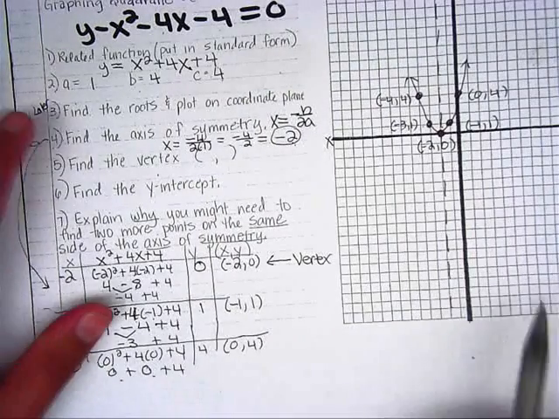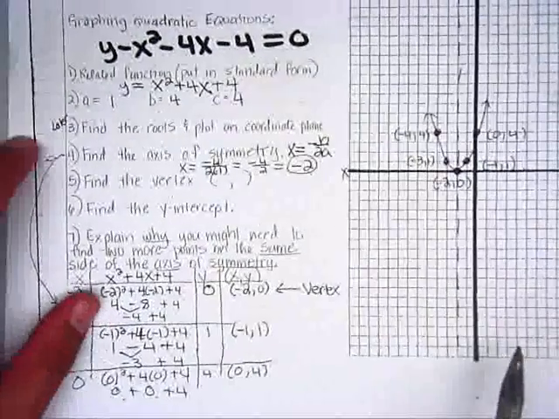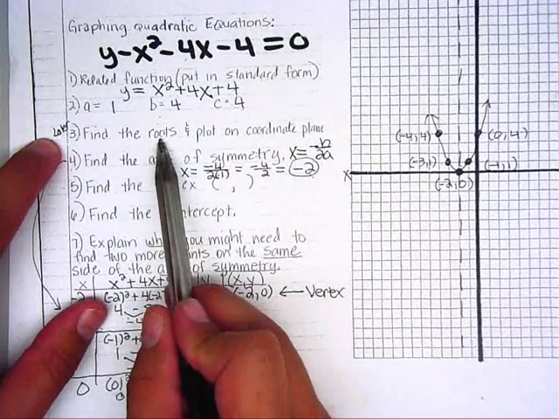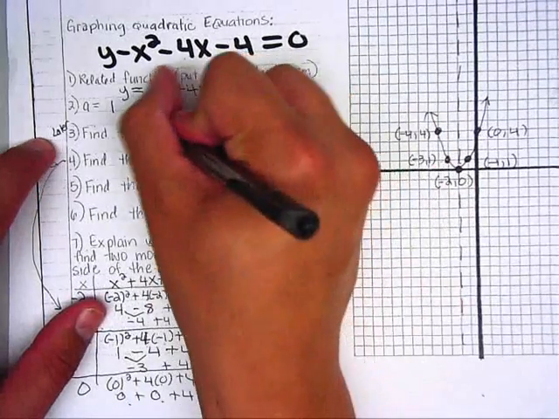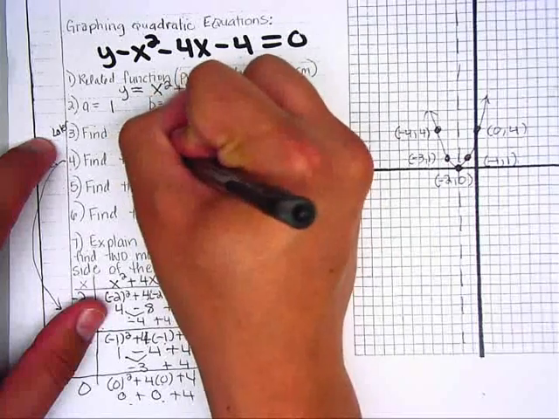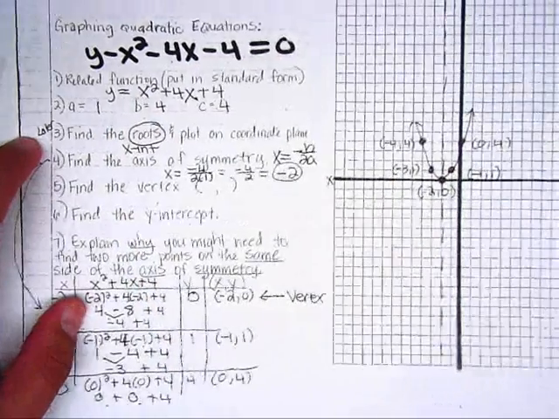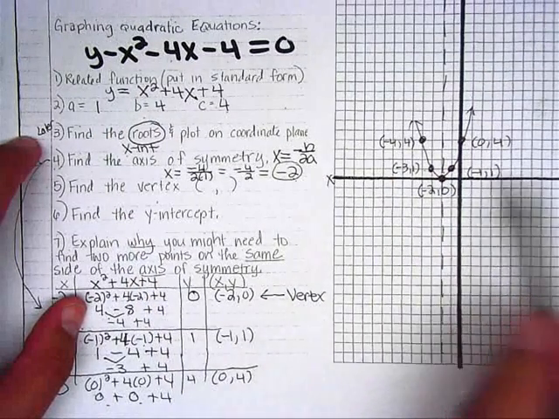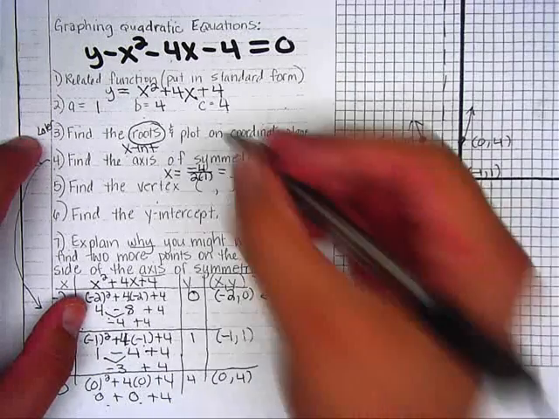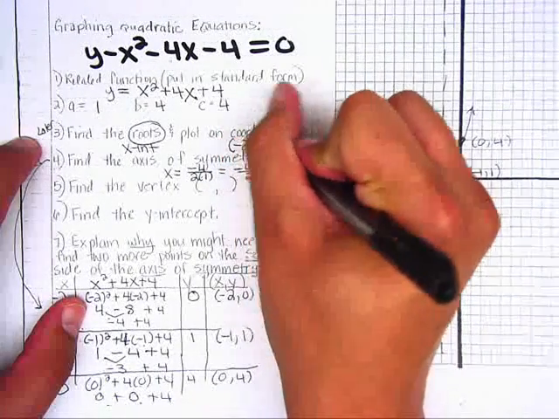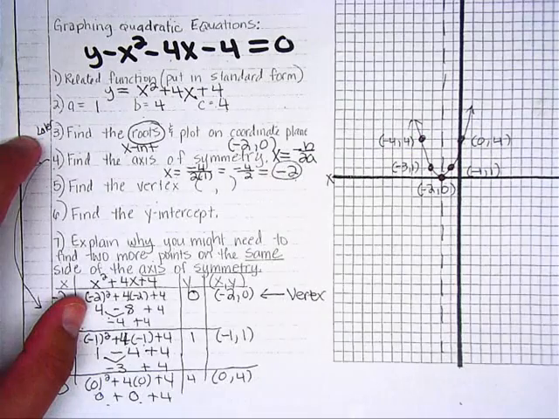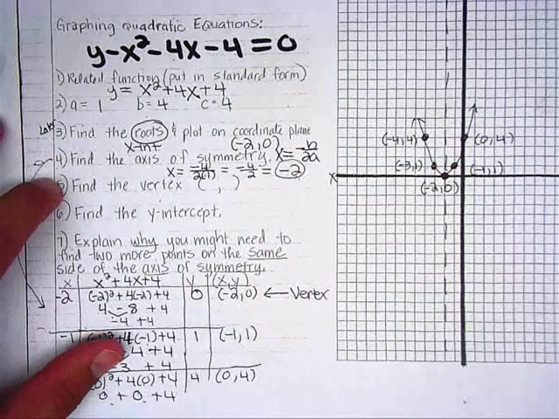Now that I have my graph, all the questions that we skipped should be easy to answer. Question 3, what are the roots? Remember, the word roots means x-intercept. Look on the graph. The only point that crosses the x-axis is right here at negative 2, 0. Find the vertex.